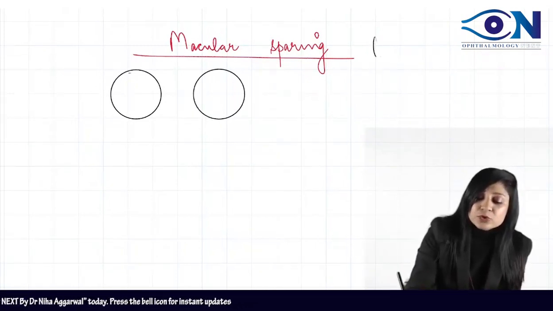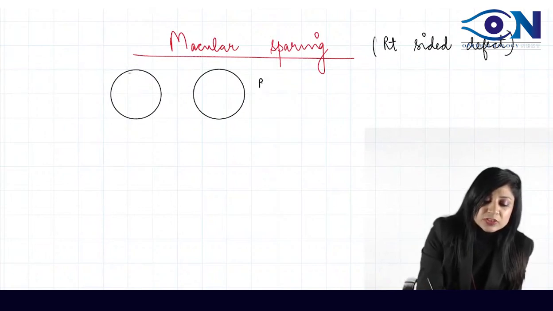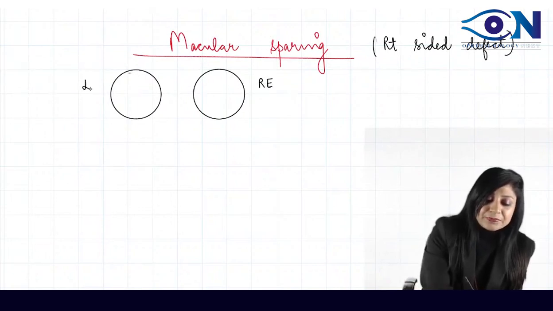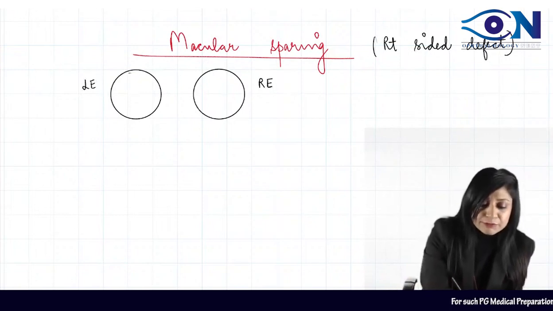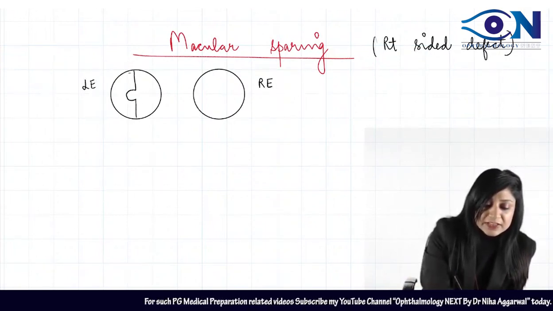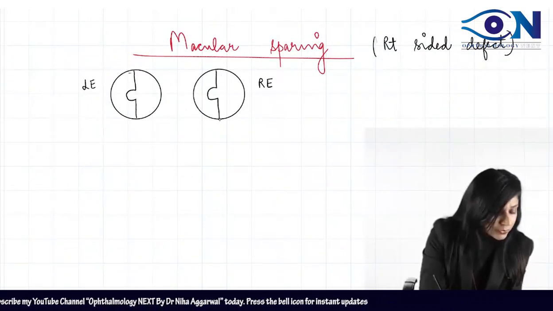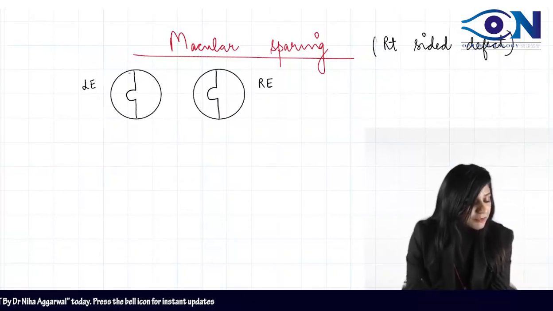Now here I am showing the right-sided defect. Because I am showing the right-sided defect, I will show blindness on the left side. So this is the right eye field and this is the left eye field. So I will show the blindness on the left side, something like this and something like this. Right, very correct, Mayank.